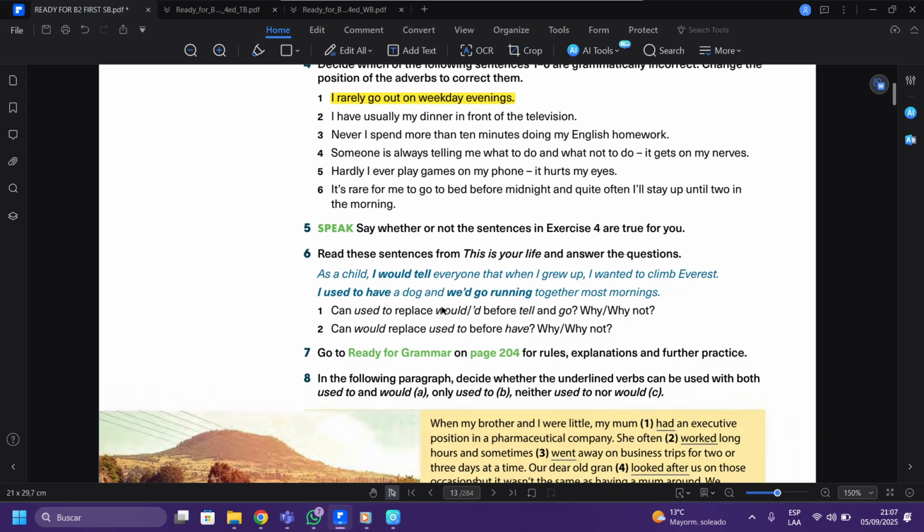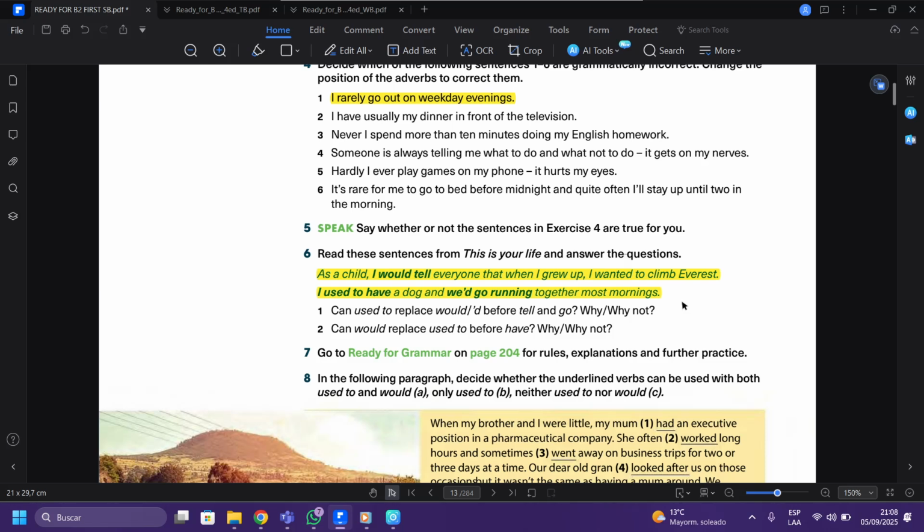Okay, let's jump right into exercise number 6. We're going to read the following sentences, and we have to decide or check if they are correct or not. As a child, I would tell everyone that when I grew up, I wanted to climb Everest.